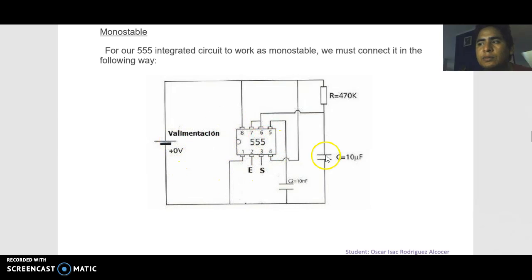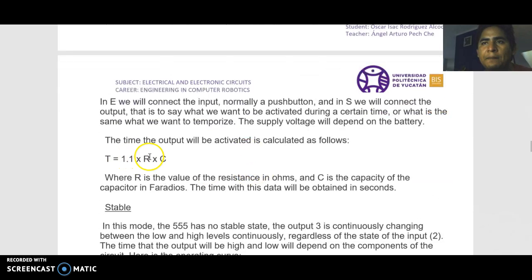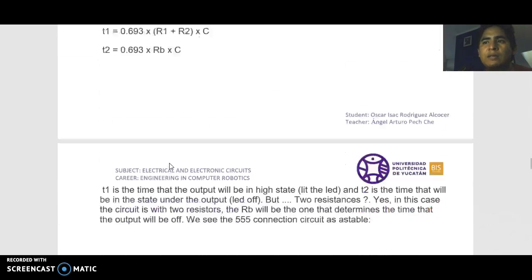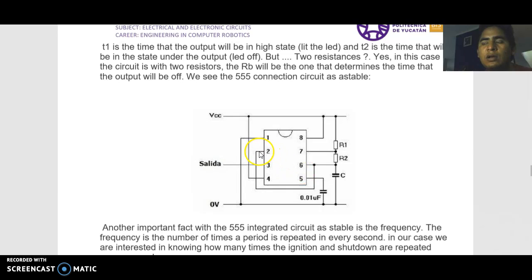This is very easy to understand because the monostable only has one resistor. With this resistor you can calculate the time if you multiply it by the capacitor and by 1.1. This is the formula to produce the timer. The astable is very different because you don't have a push button.